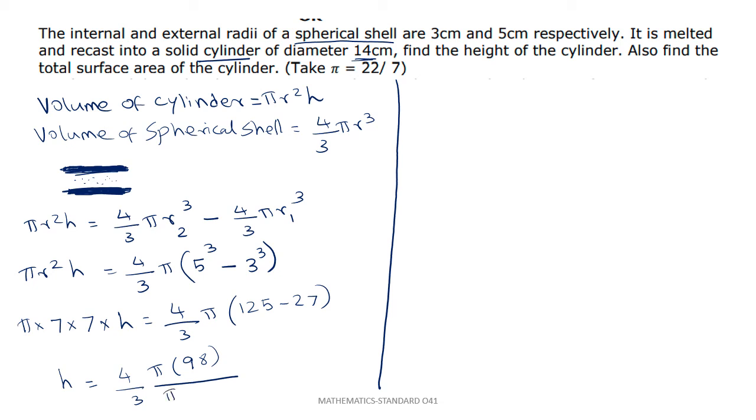Let's bring everything this side except h. So try to cancel. Pi and pi will get cancelled. Then we can do this also, like 1 7s are 7.